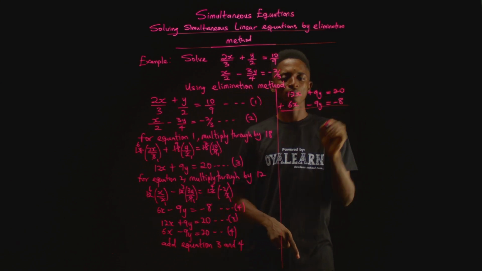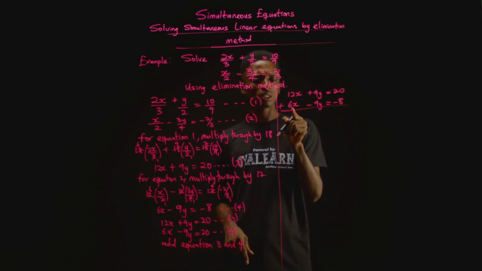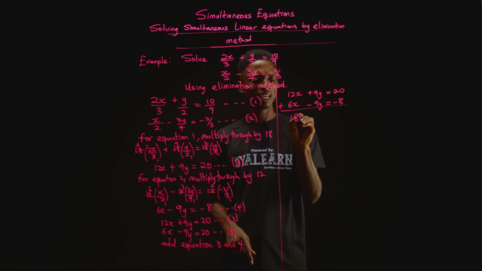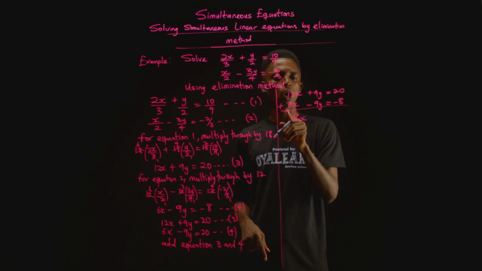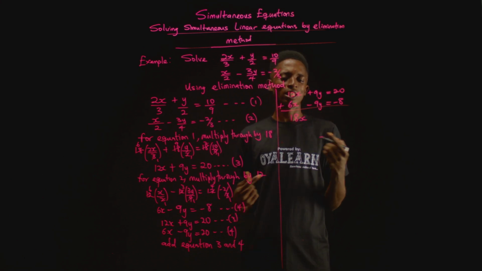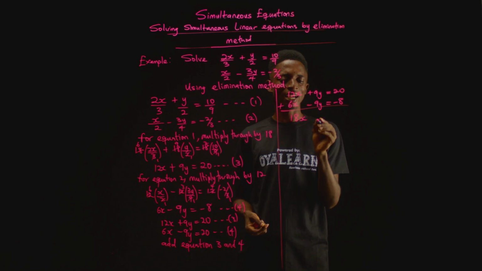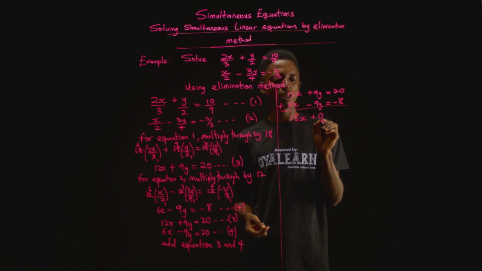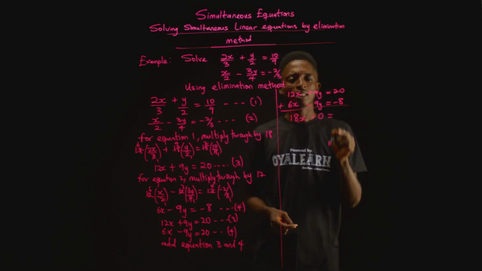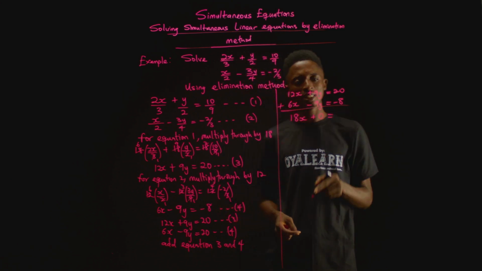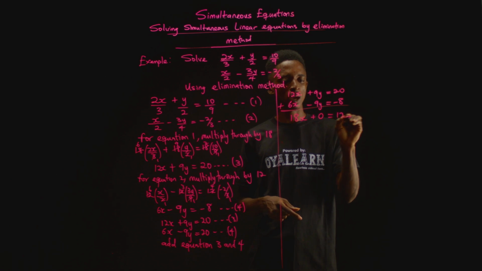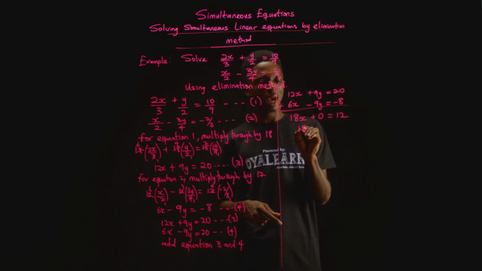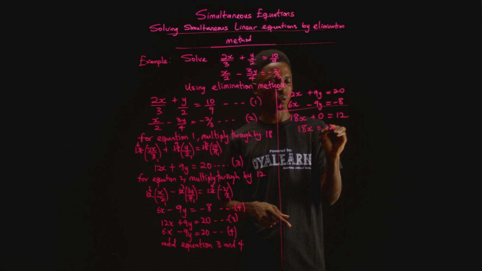Now let's add it. 12 plus 6 would give us 18x. 9y plus minus 9y, it's just like saying 9 minus 9, and then we have 0. Equals, now 20 plus minus 8, that is 20 minus 8, and that will give us 12. Therefore, we have 18x equals 12.